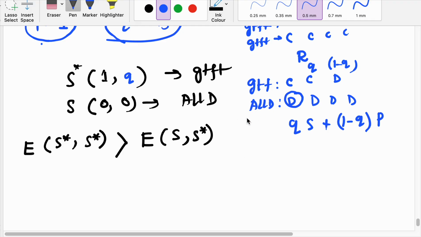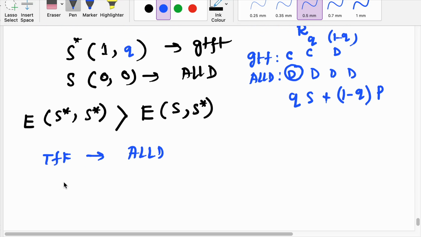Here what happens is that TFT is invading the population, and in the presence of GTFT, GTFT is actually invading TFT. So we have to again see whether or not GTFT is ESS against TFT.